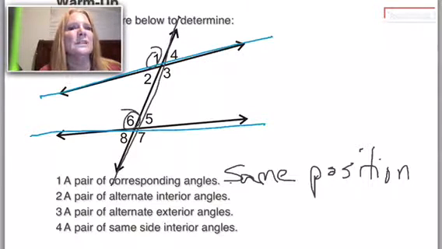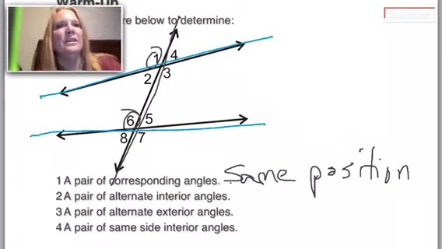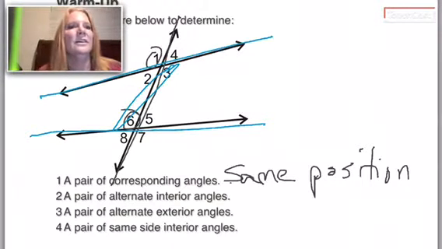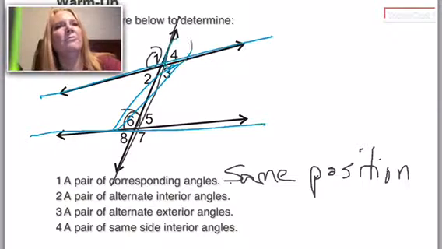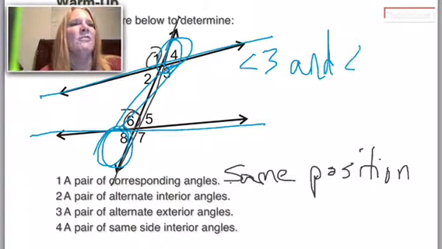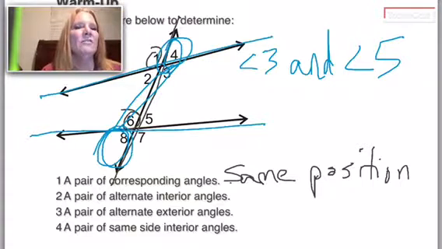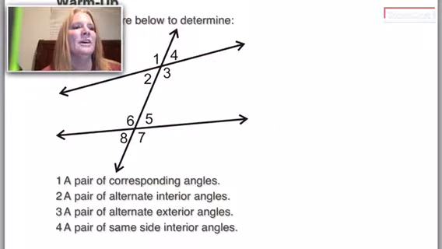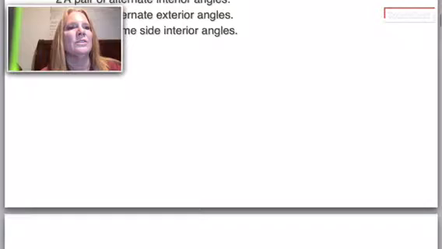We have alternate interior angles, so that would be 3 and 6. We have alternate exterior, that would be 4 and 8. And then same side interior might be angle 3 and angle 5. So we still have our special names, we just don't have any properties that exist with those.